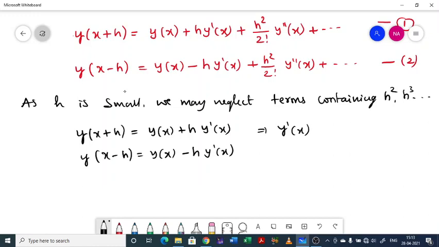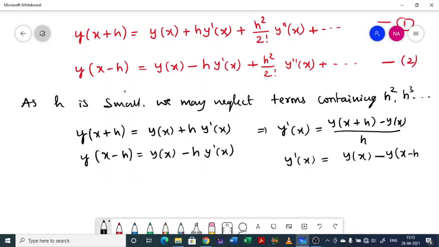And from the other equation, y dash of x will be y of x minus y of x minus h, divided by h.